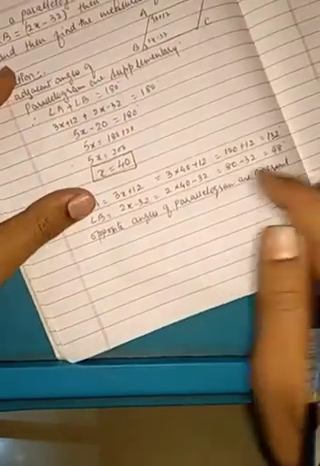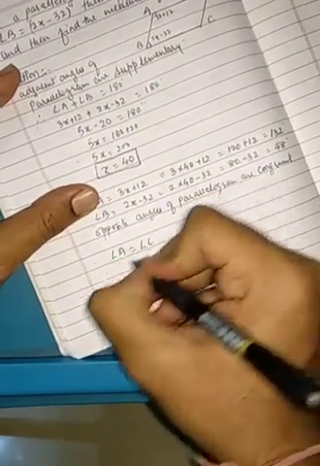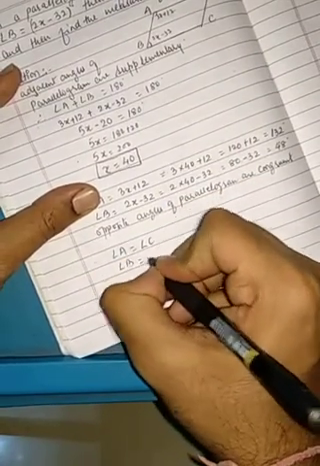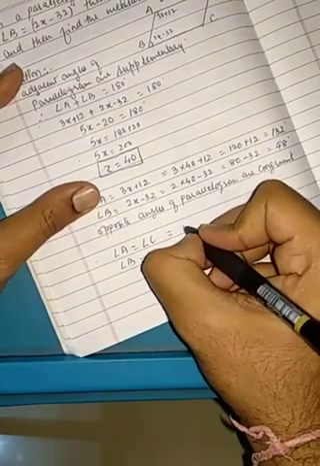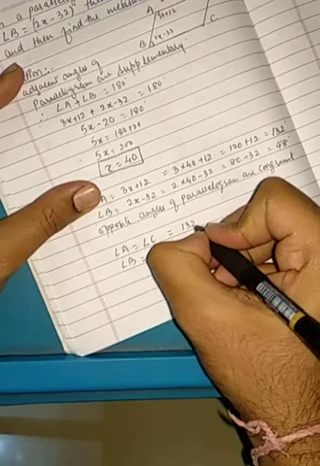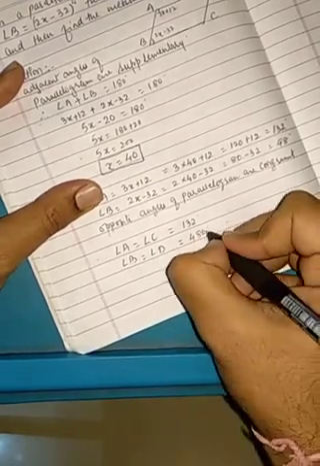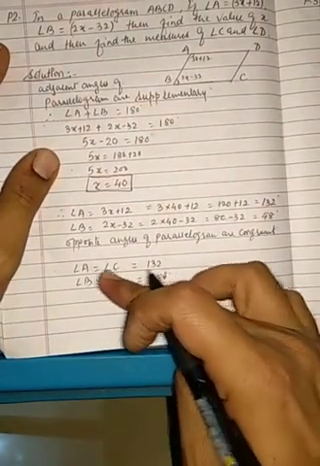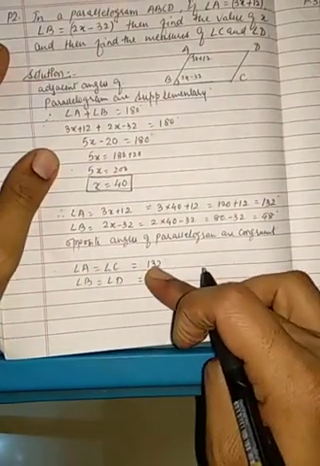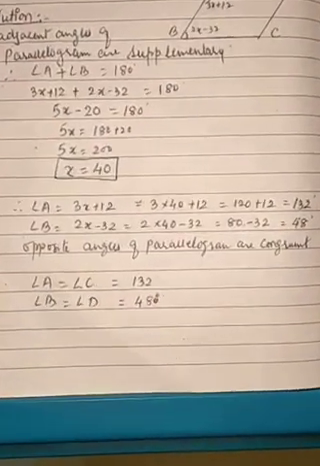That means angle A is equal to angle C, angle B is equal to angle D, and we already know angle A is 132 and angle B is 48 degrees. So that means now you know all four angles: A and C 132 degrees, B and D 48 degrees.